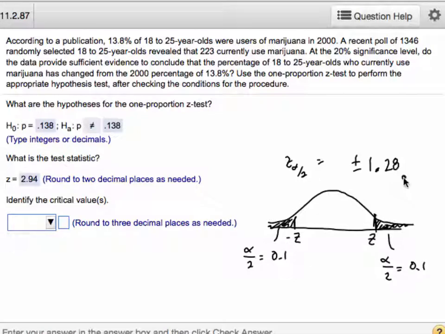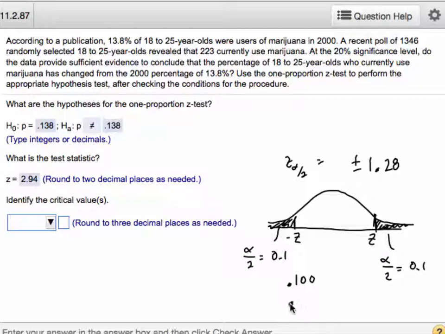Can you get one more decimal place out of that? The z-chart only gives you so much. But is there an area that's exactly 0.1000? No. So which two are you comparing?